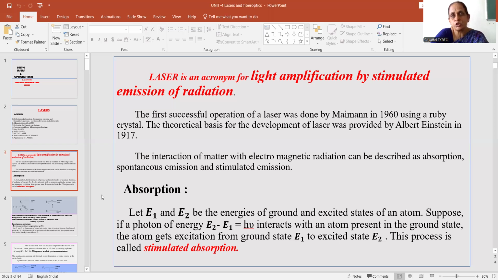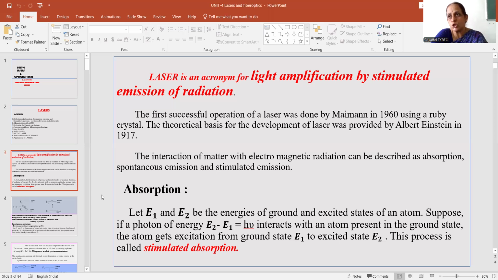Here we are considering the two energy states, E1 as the ground state and E2 as the excited state or higher energy state. Now, generally we know that the more number of atoms will be present in the ground state as compared to excited state.